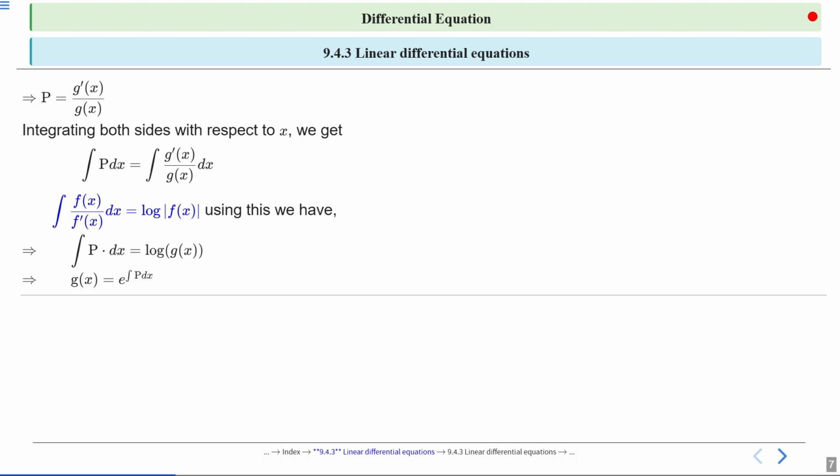So to solve a linear differential equation, at first what we do is just multiply by g(x). And now we have to choose g(x) in such a way that the RHS becomes the derivative of y into g(x). When we solve this condition, we get the value of g(x) as e to the power integral of p dx.